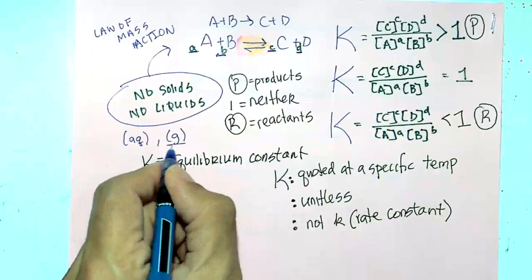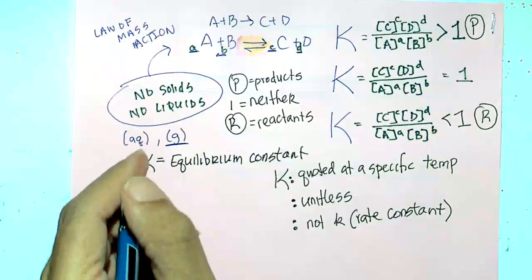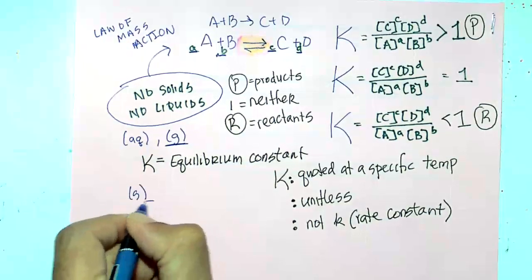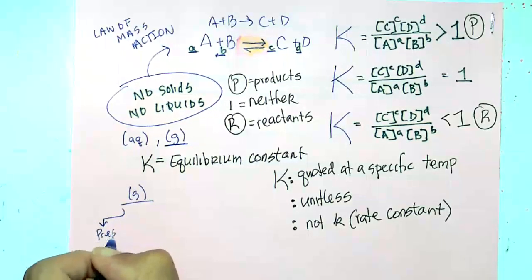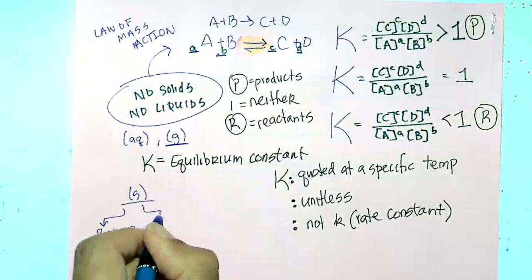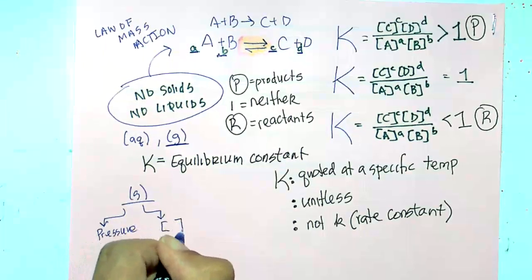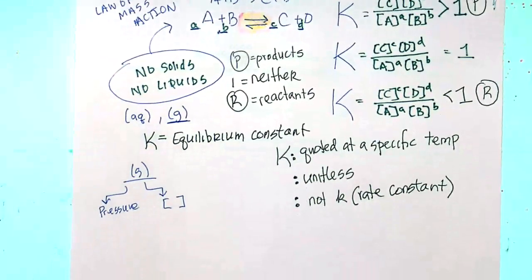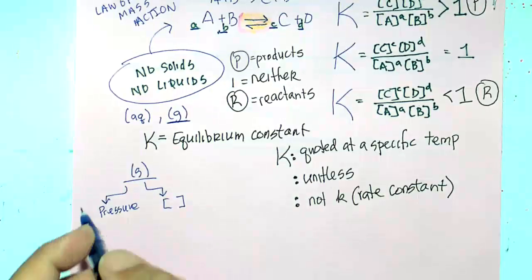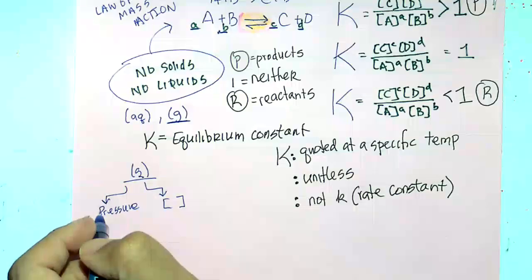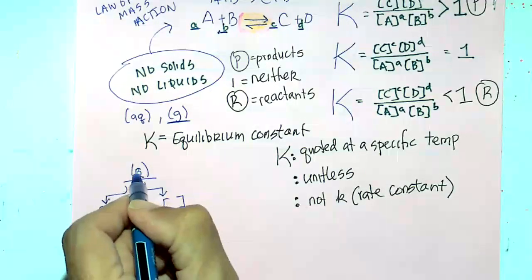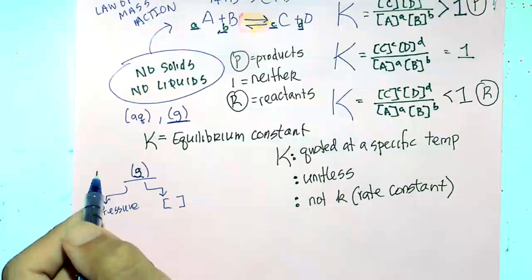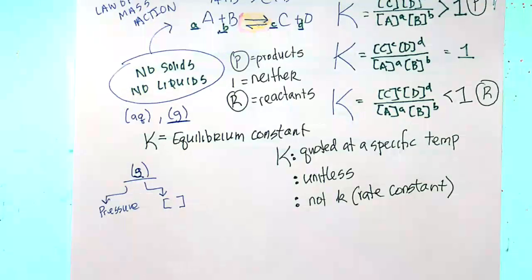Now, unfortunately, for gases, we can express gases in 2 ways. What are those 2 ways? Pressure and concentration, moles over liter. So for a gas, it could be pressure or concentration.